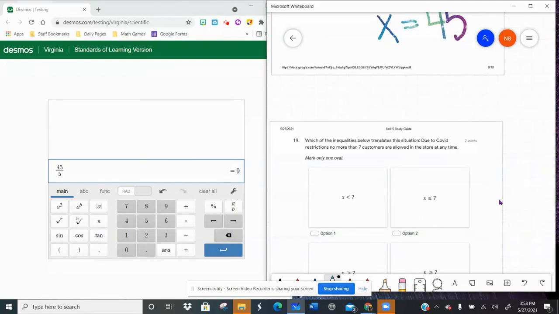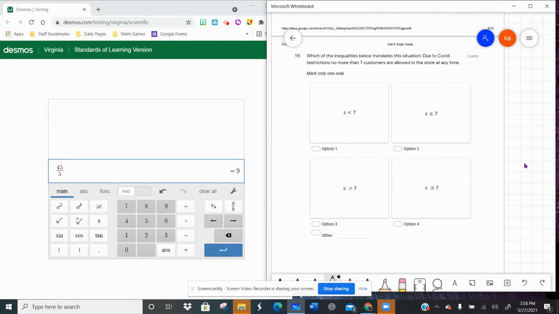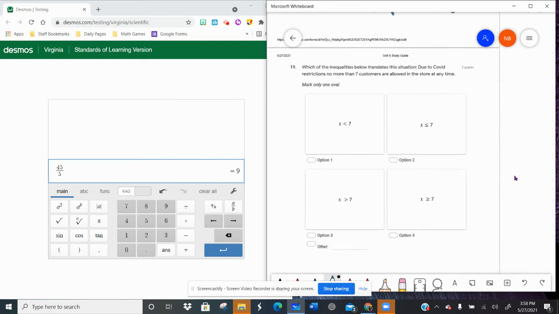All right, we got a couple more. It says, which of the inequalities below translates the situation? Due to COVID restrictions, no more than 7 customers are allowed in the store at a time. No more than 7 means I'd have to be less than 7, but the question is, could I be 7? If it's no more than 7, it means I could have 7 customers.